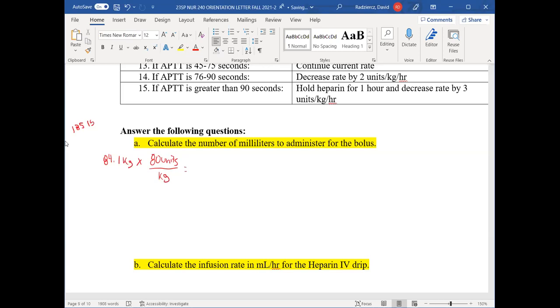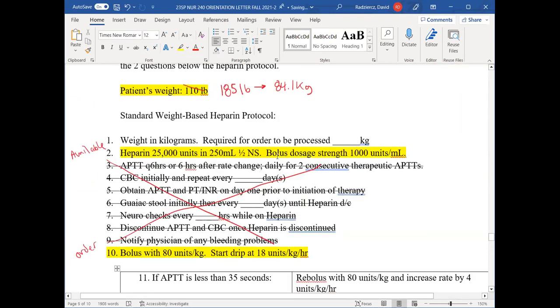That's going to give me 6,728 units, because we canceled out kilograms. Then I'm going to convert units to milliliters using the bolus dose strength, which is 1,000 units per milliliter. And remember, I'm not making that up. It's right here. It tells you right here: bolus dose strength, 1,000 units per milliliter.